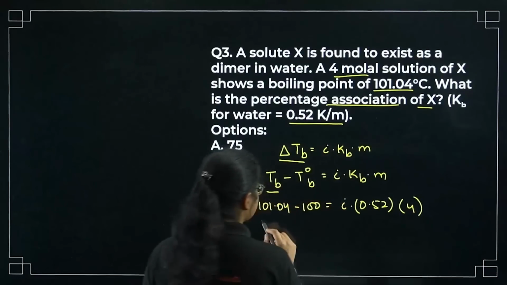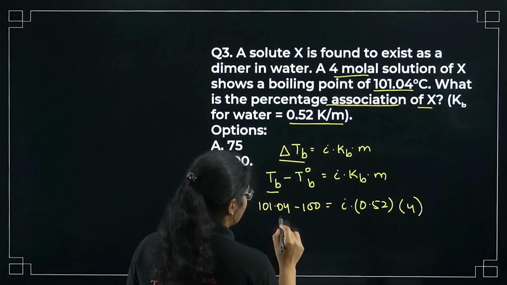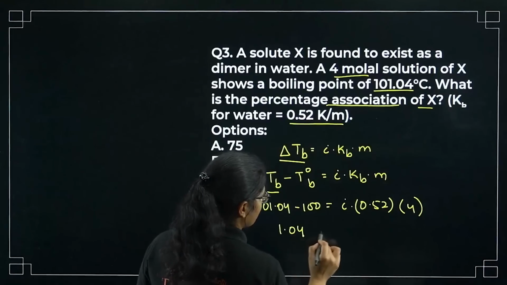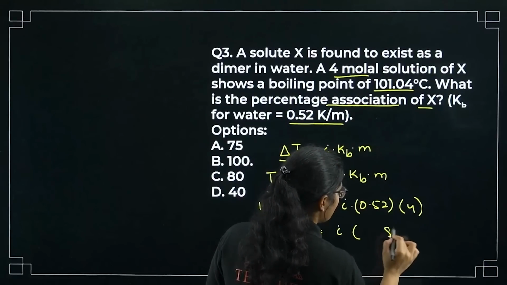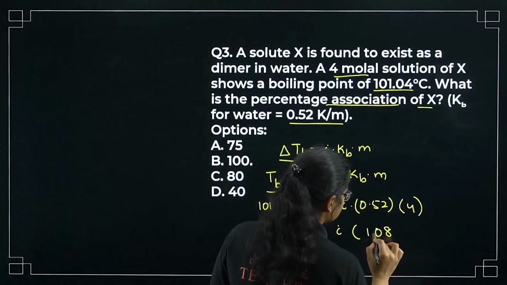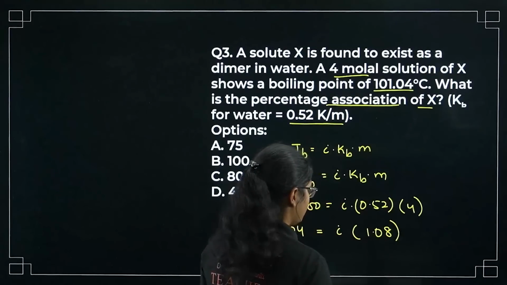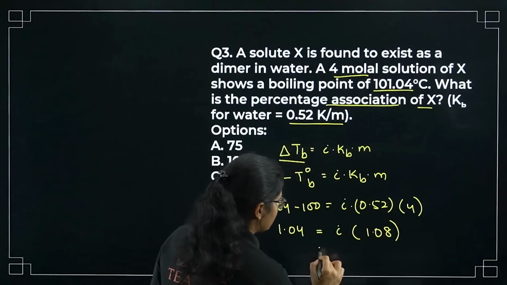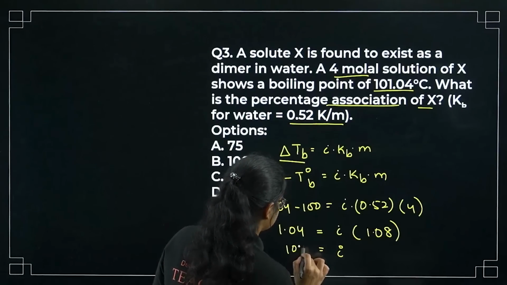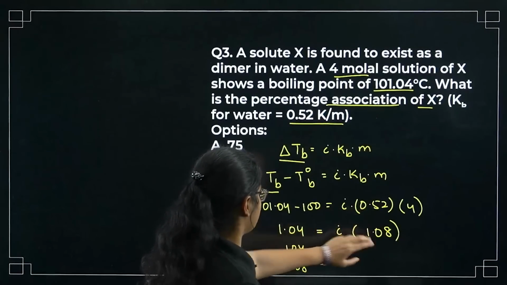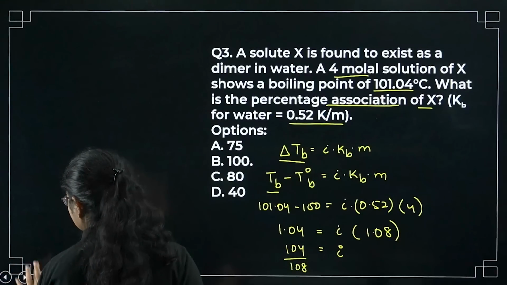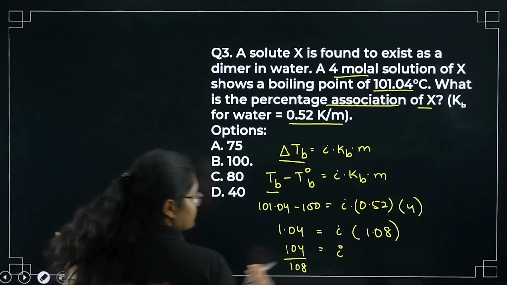Now if I subtract, I will get 1.04 is equal to i into this one multiplied, 4 2s are 8, 4 5s are 20, so 1.08. So now you can see that the i value here will be 104 by 108. Sorry, I made a mistake. This calculation became wrong. Just a minute.